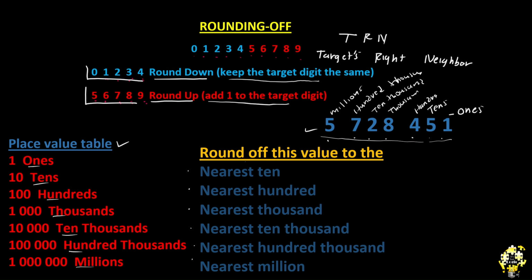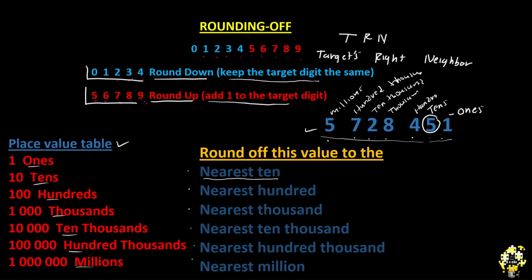Now, this is where the target's right neighbor comes to play. We said that we have ones, tens, hundreds, thousands, 10,000s, 100,000s, and millions. If they say round it off to the nearest 10, it means that the number that sits in the tens place is the target. Where is the number that sits in the tens place? Well, it's this one here.